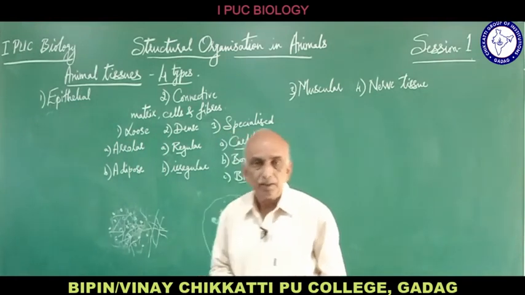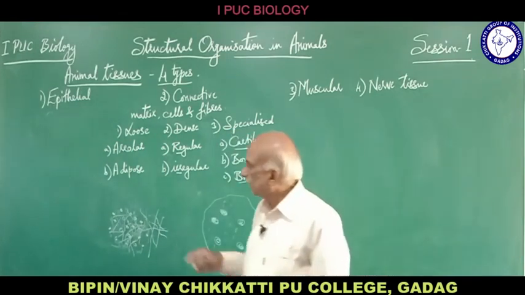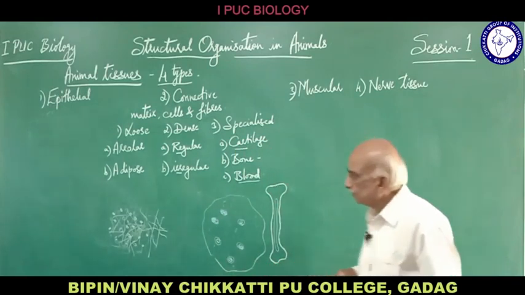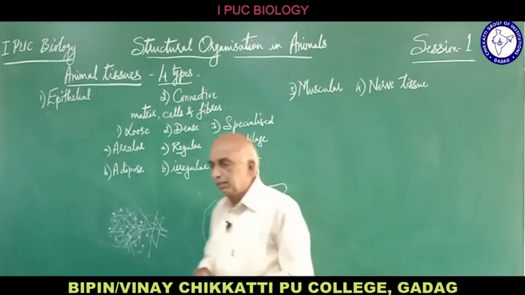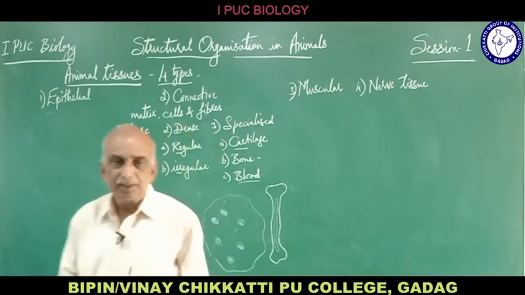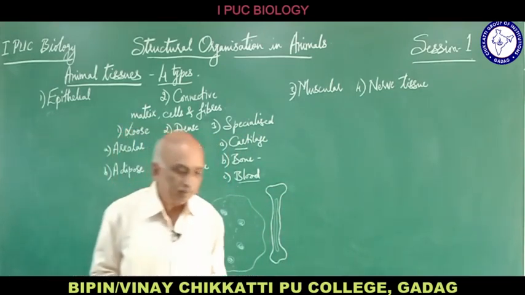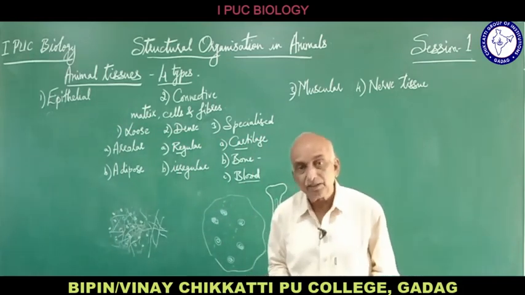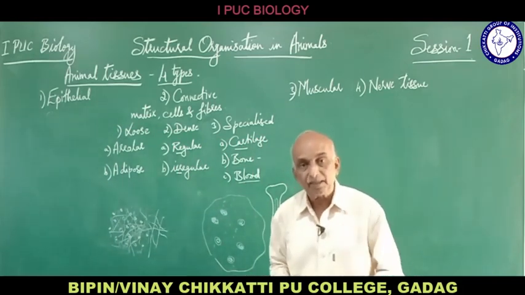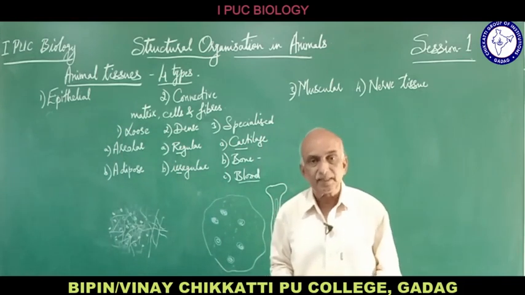And platelets are also produced by the bone marrow. When we compare RBC and WBC, RBCs are non-nucleated. They don't contain a nucleus, whereas WBCs contain a nucleus. They are nucleated cells.